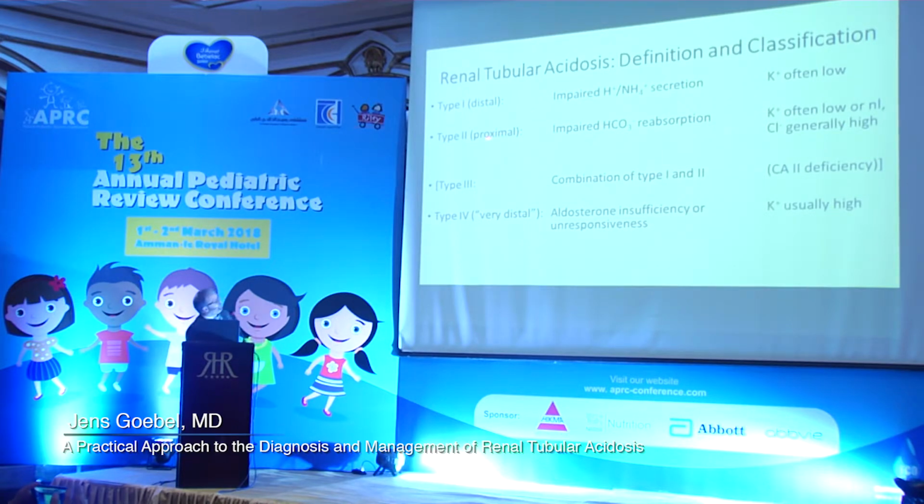Nonetheless, proximal renal tubular acidosis is called type 2, and the distal types are called type 1. So it's backwards, the numbers versus the anatomic sequence, which is one of the confusing things that I've been struggling with in renal tubular acidosis. So I apologize for that.